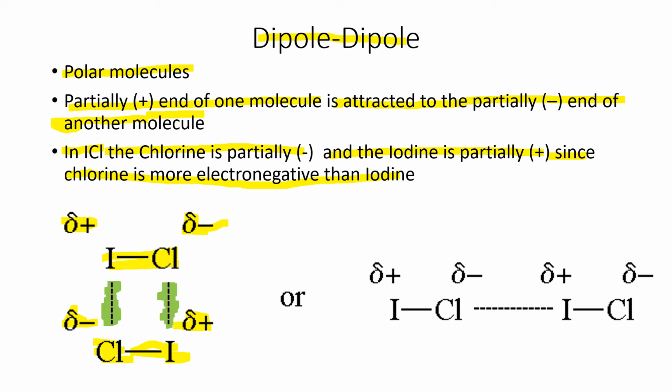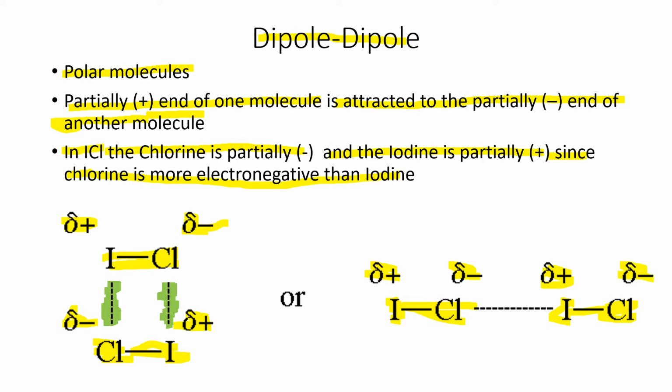There's another geometric way this can happen. You see this on the right-hand part of the screen. Again, iodine bonded to chlorine, a partial positive on the iodine, partial negative on the chlorine. A neighboring molecule has iodine bonded to chlorine again, delta plus on the iodine, partial negative on the chlorine.